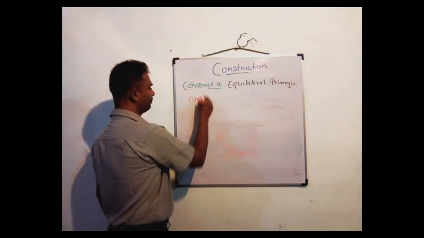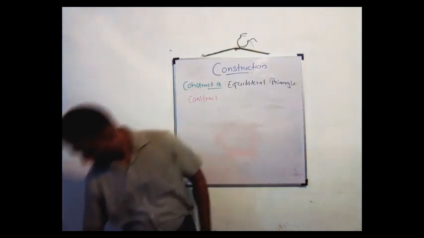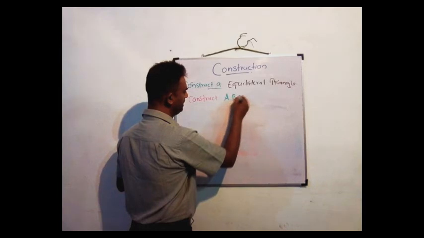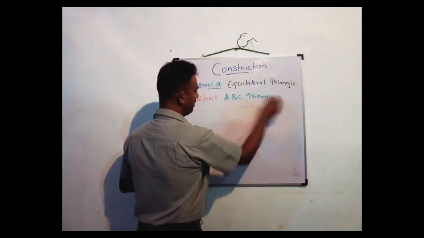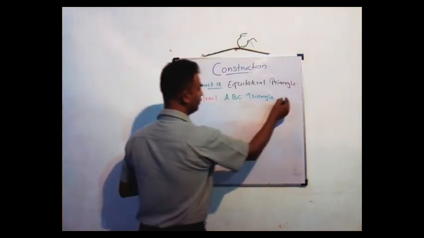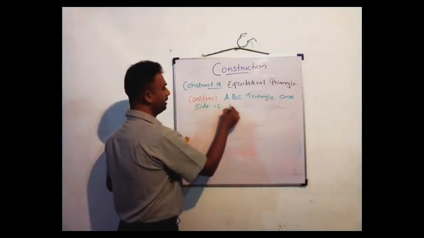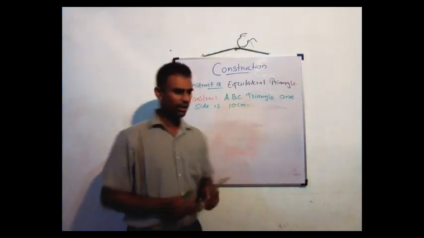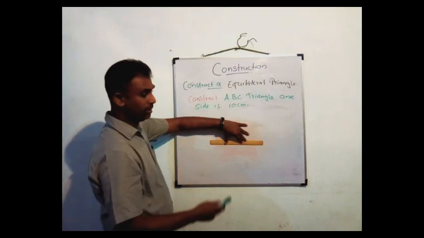Construct the triangle ABC, where one side is 10 centimeters. Right? See here. I am going to draw this.